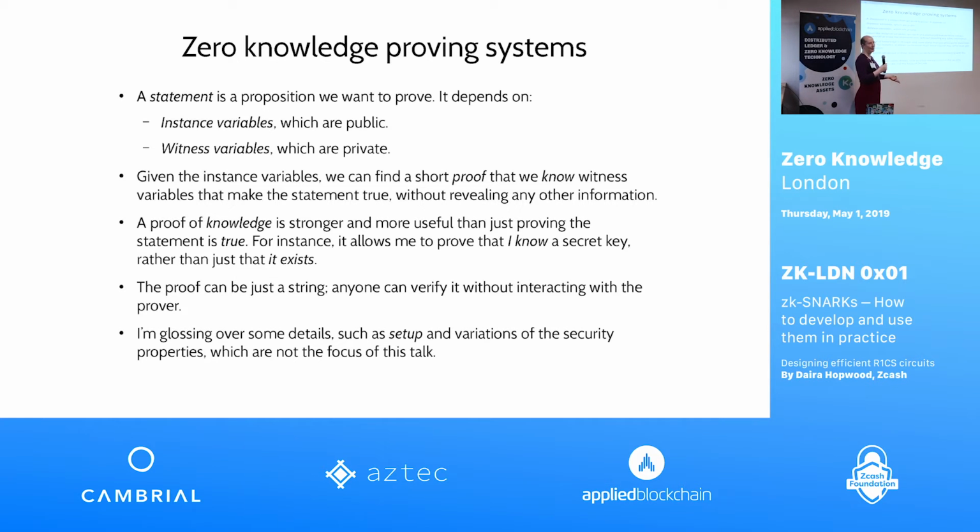Zcash is a cryptocurrency that uses zero knowledge. So I would have to prove that I knew the secret key associated with the coin, and it wouldn't be sufficient just for me to prove that the secret key exists, because it could be someone else's coin. So these arguments of knowledge are more useful in practice for building real-world protocols.